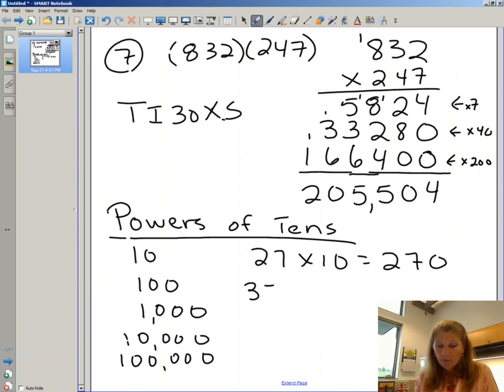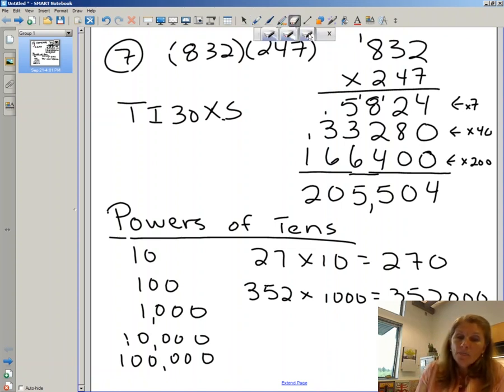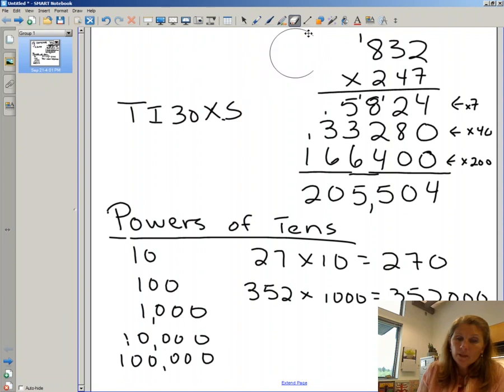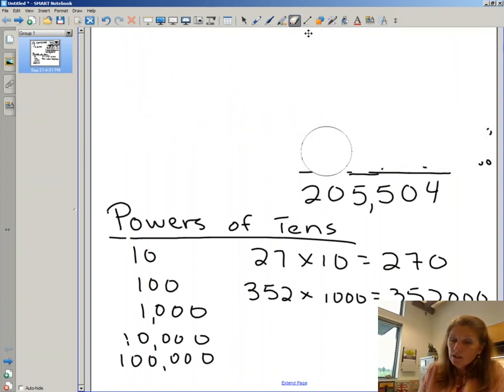If I have 352 times 1,000, I would write my 352 and then 1, 2, 3 zeros. That's all I have to do. When you multiply by a power of 10, all you have to do is add the trailing zeros. So it's really quick and easy to do that.